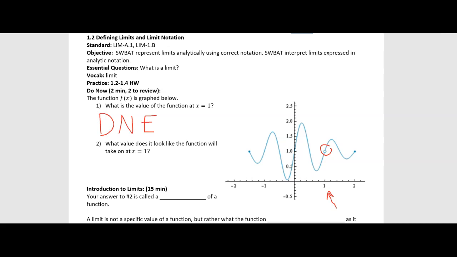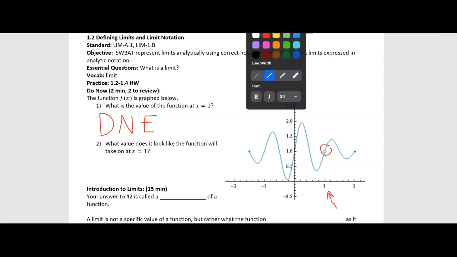Now, if we look at number 2, we'll see that the question is slightly different. It says, what value does it look like the function should take on at x equals 1? So no longer are we looking for what the value of the function actually is at x equals 1, but rather, what does it seem like it should be?